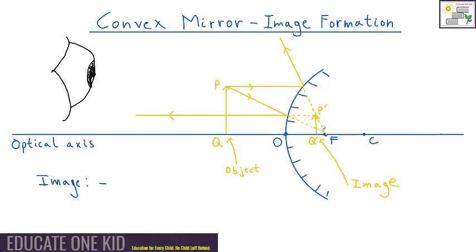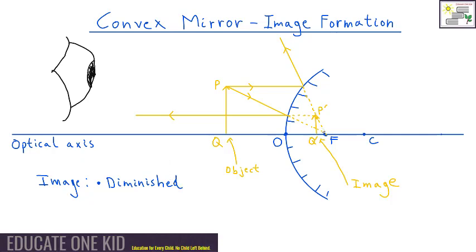The size of the image is smaller than the size of the object. So in other words, the image has been diminished. Let's write it like this. It is diminished or smaller compared to the object.